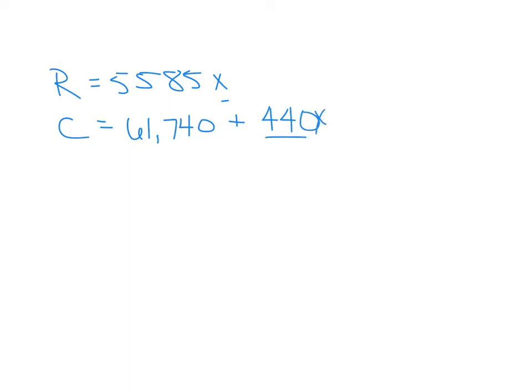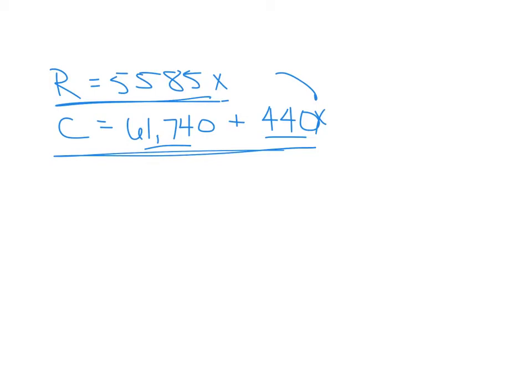The 440 would probably be the amount that it costs to produce the product, the cost of materials and labor after they paid for setup. And again, x is the number of units that they sold of that product. So the company is said to break even when the total revenue equals the total cost, or when R equals C.